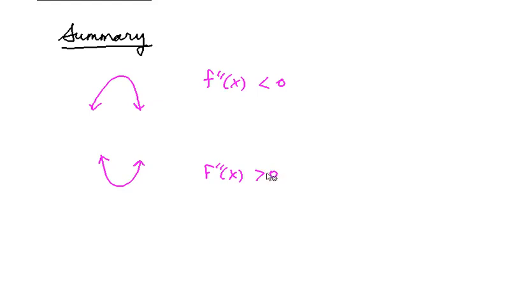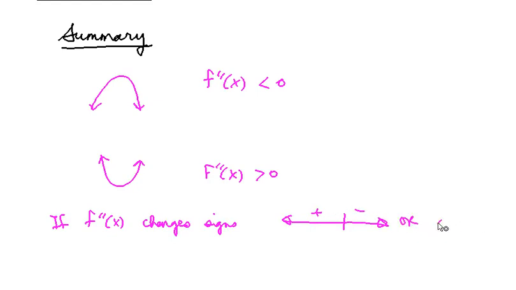And if f double prime of x changes signs from positive to negative or from negative to positive at a particular point x, and that point has a 0 there.